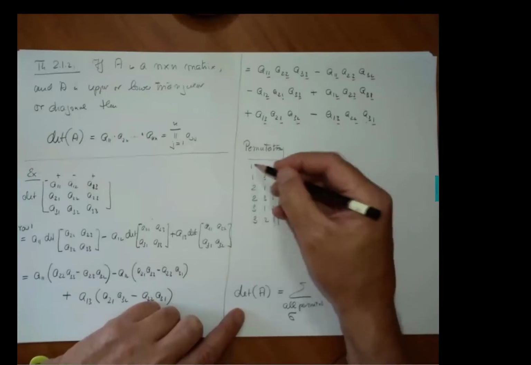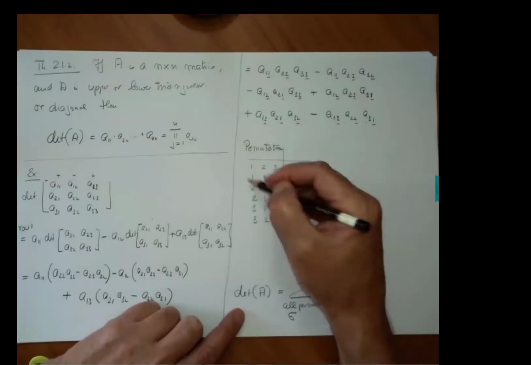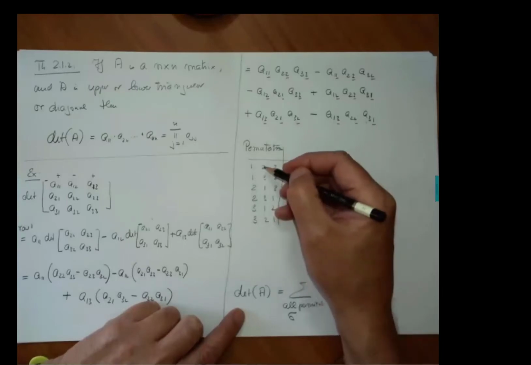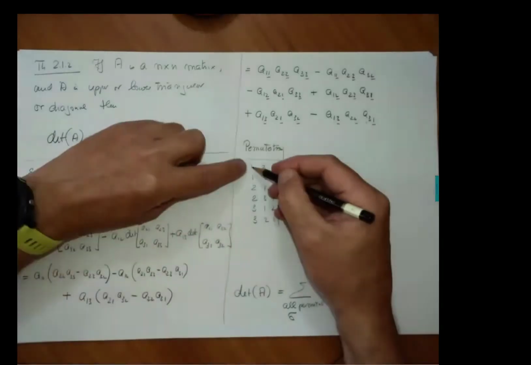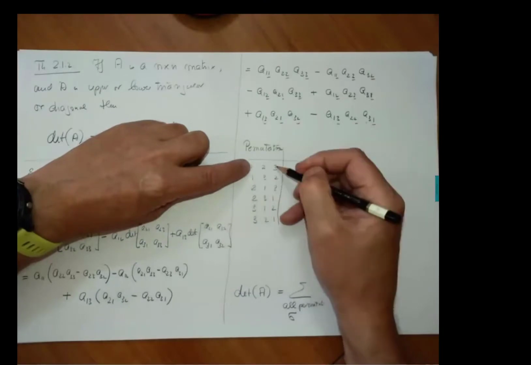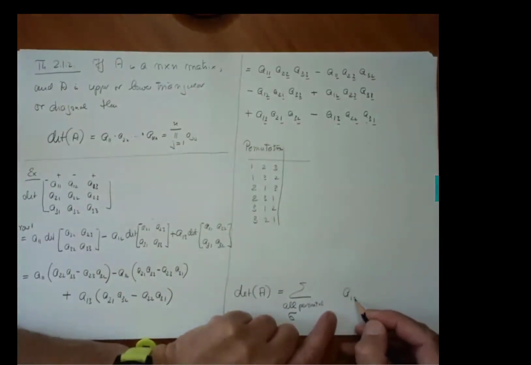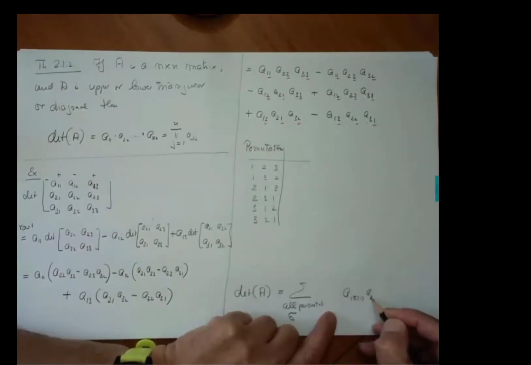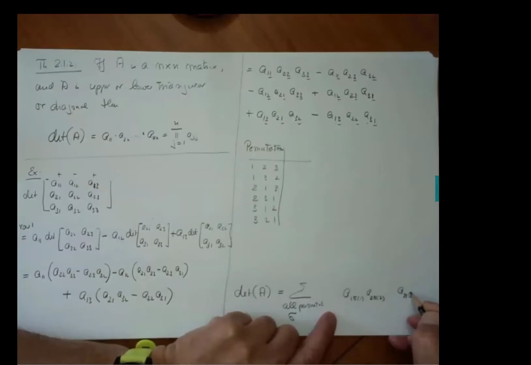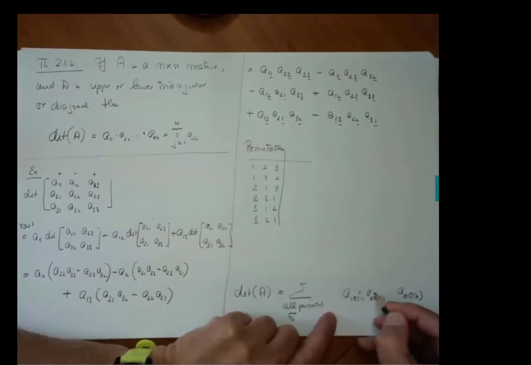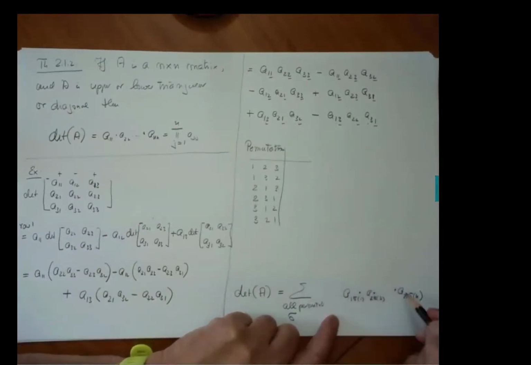So a permutation is like a function. So this would be the identity function. And then here 1 goes to 1, 2 goes to 3, 3 goes to 2. Here 1 goes to 2, 2 goes to 1, 3 goes to 3. And then we multiply A1 sigma 1, A2 sigma 2, up to An sigma n. And we multiply these all up and we add them up.